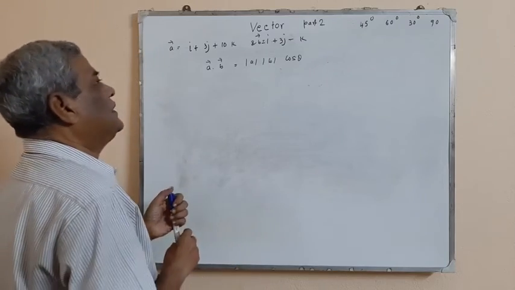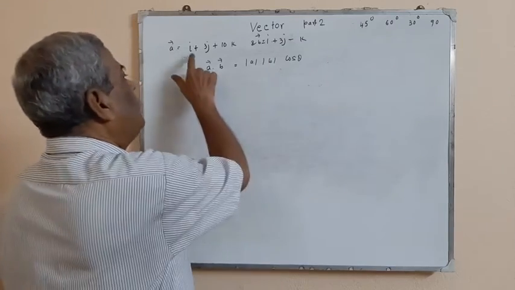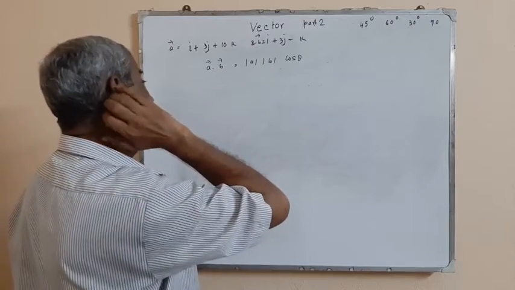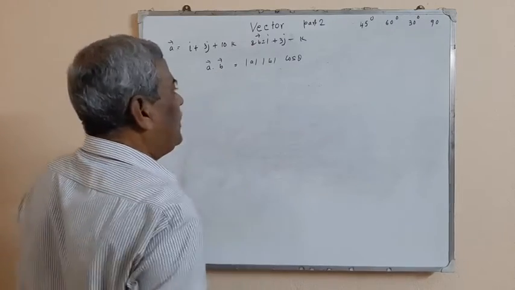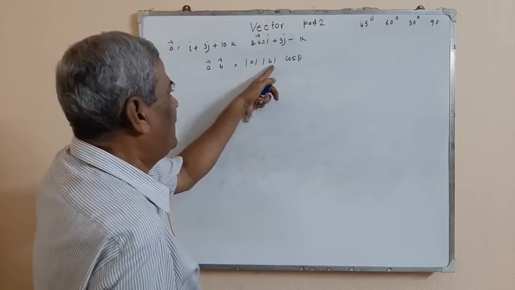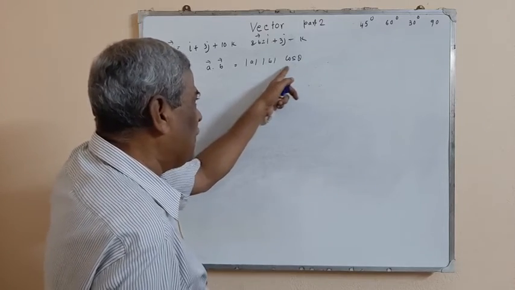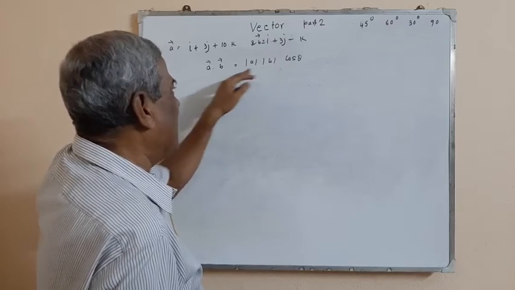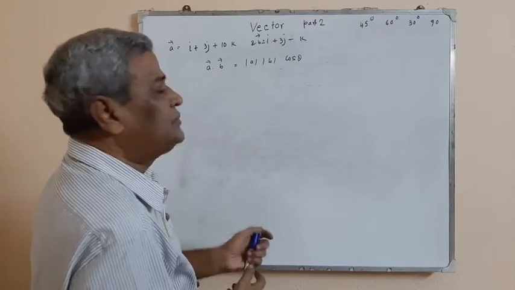The components of vectors A and B are given. So from these components, A dot B can be obtained, magnitude A can be obtained, magnitude B can be obtained. So the only thing left is cos theta, so cos theta can be obtained from the other two.